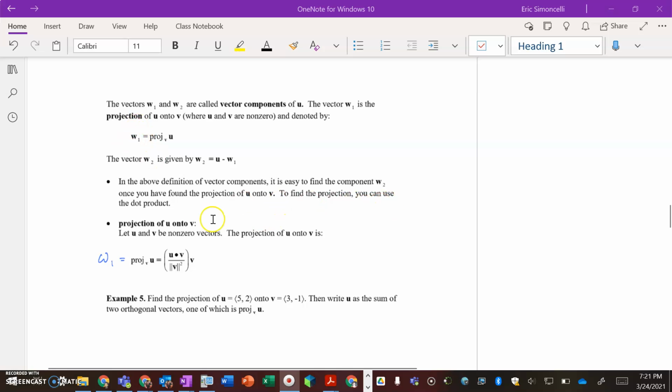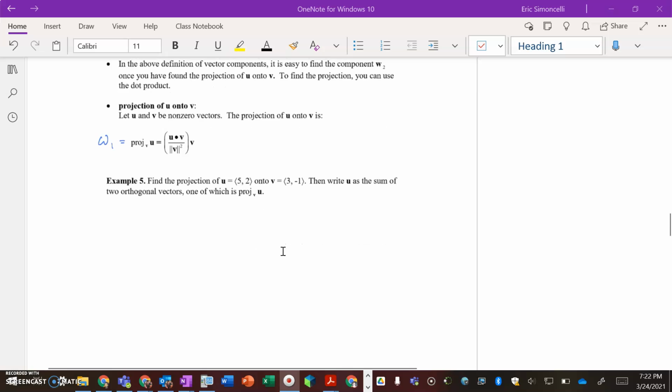To find the projection, you can use the dot product. So here's the formula for W sub 1, the projection of U onto V. It's the dot product of U and V divided by the magnitude of vector V squared, times its component form vector. In example 5, we'll go ahead and take a look.